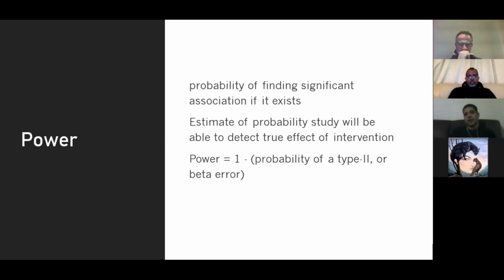That is the power. The stronger the effect, the more the power, if it truly exists. It is an estimation of the probability that the study will be able to detect a true effect of the intervention. Power is 1 minus type 2 error.